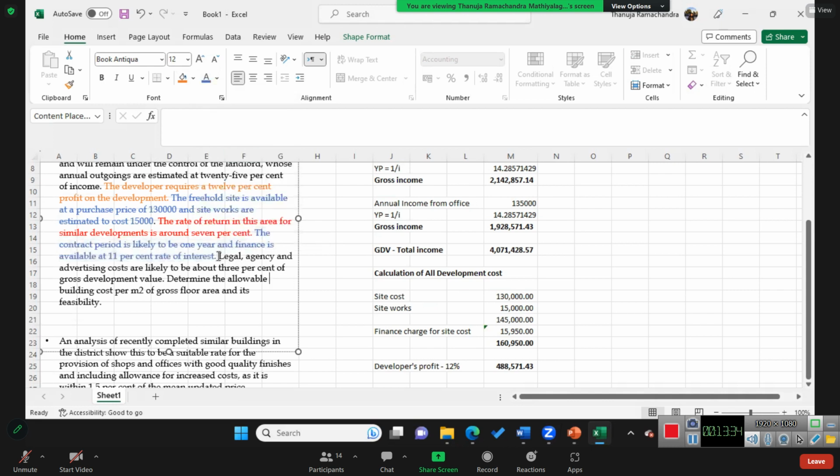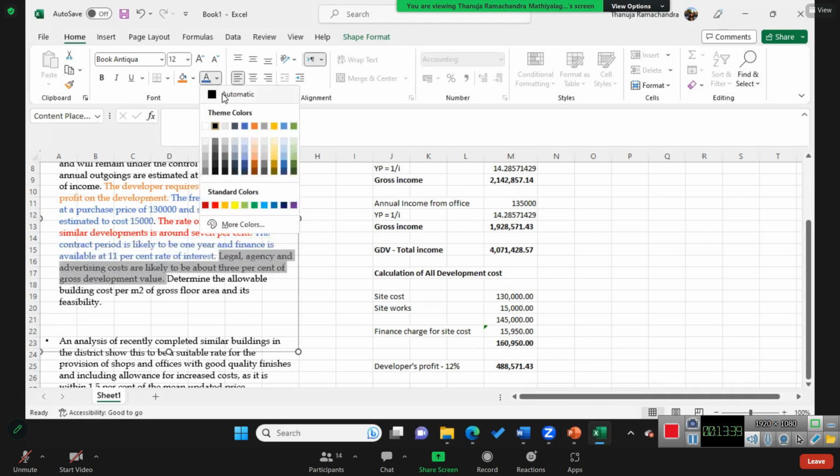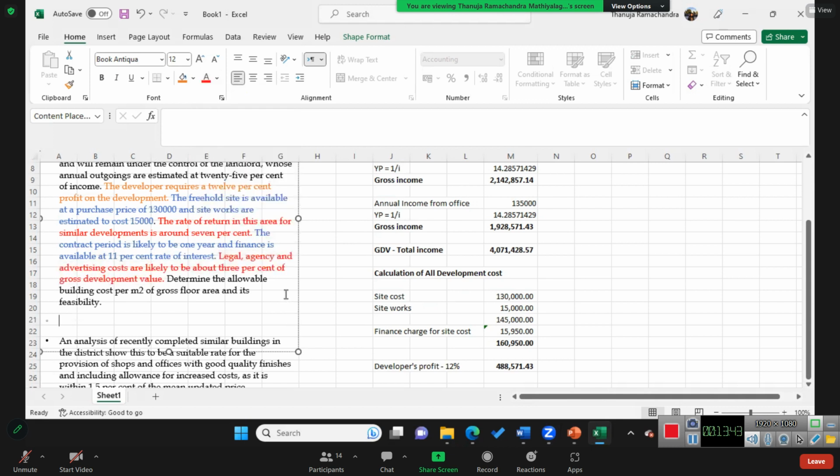And then there is legal and agency. That is 3% of gross development value, right?